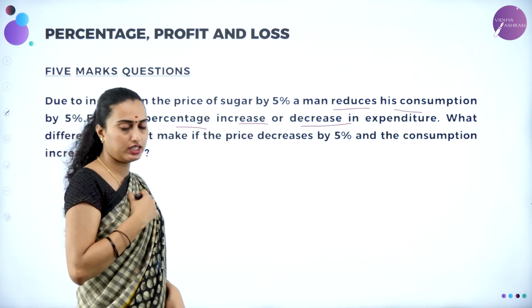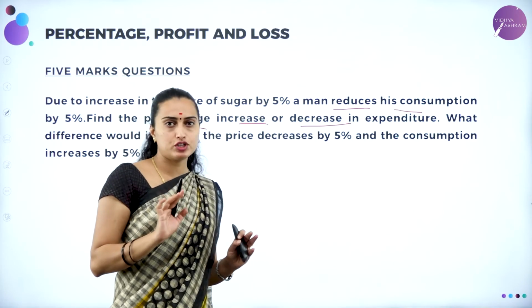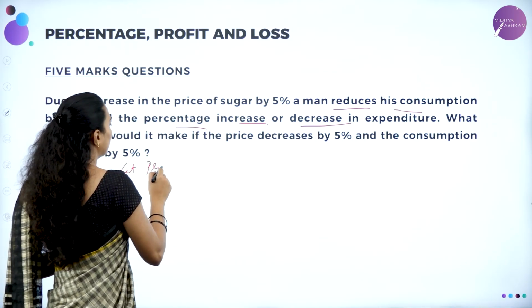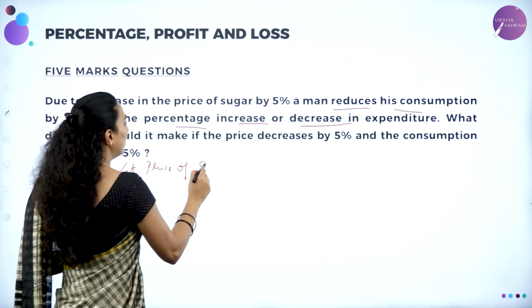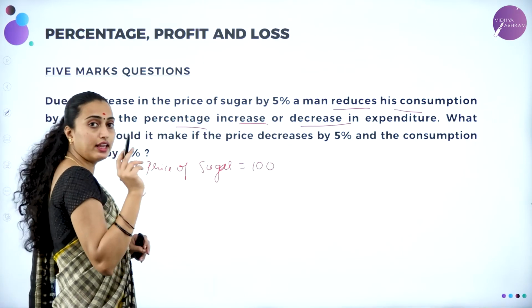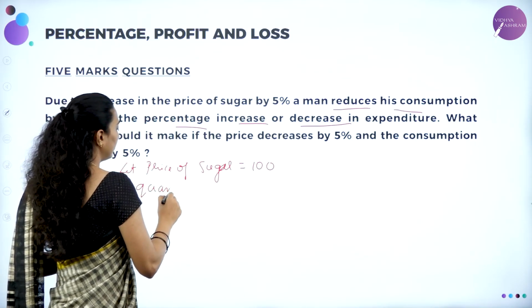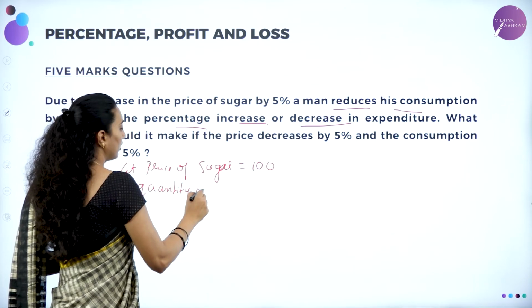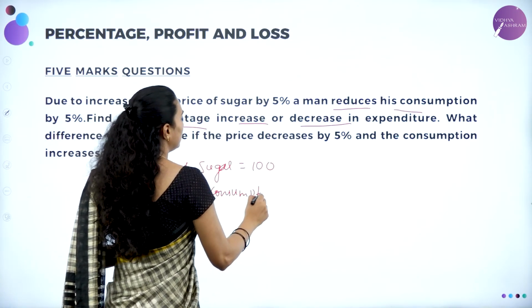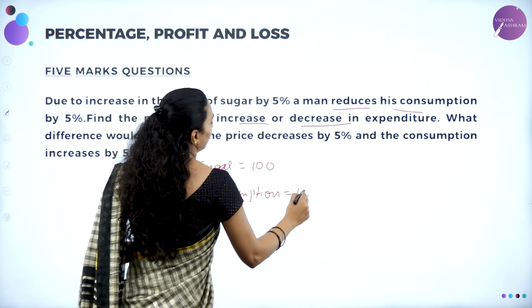I am going to take it like this. Let the price of sugar, which they have not given, be 100, and the quantity of consumption be 100.